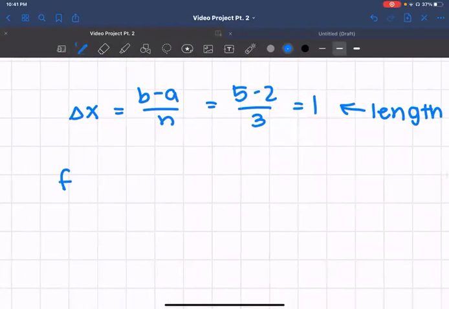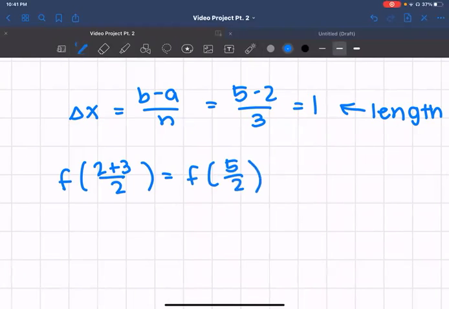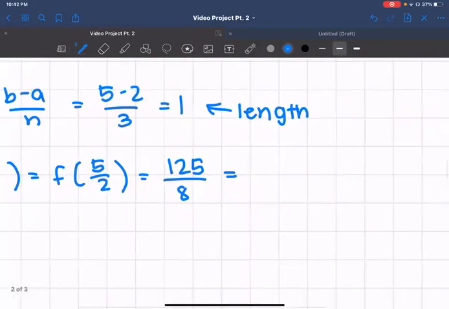So for f of 2 plus 3 over 2, which equals f of 5 over 2, which then equals 125 over 8, which results in 15.62.